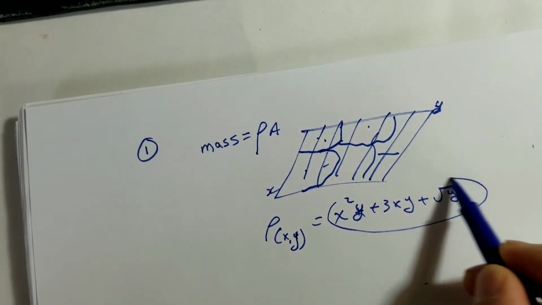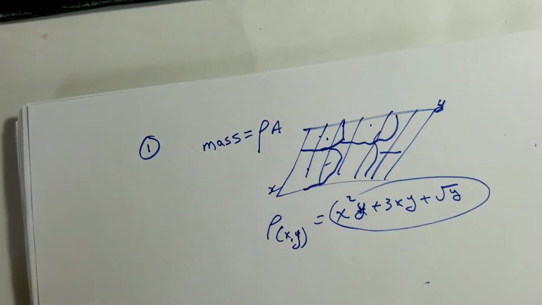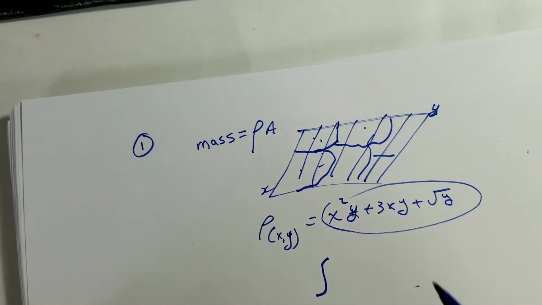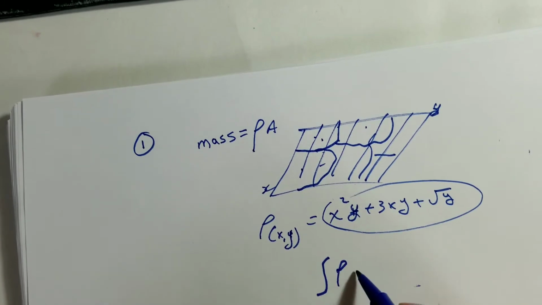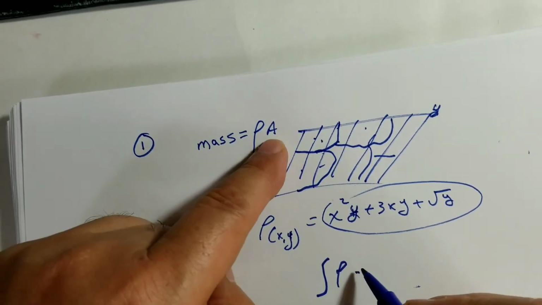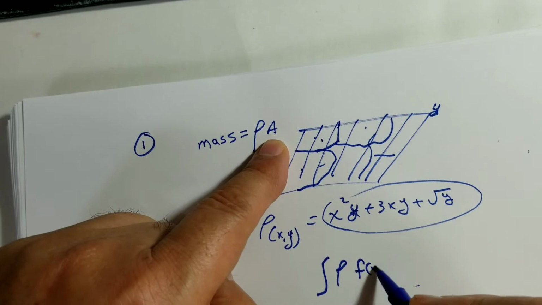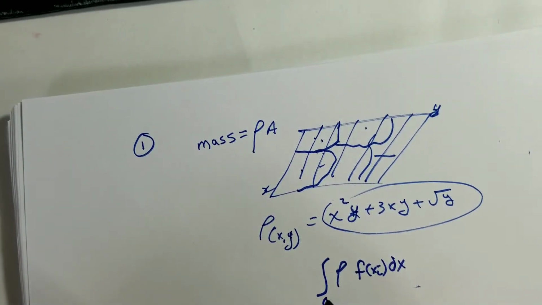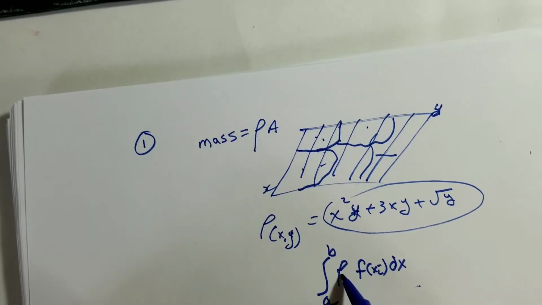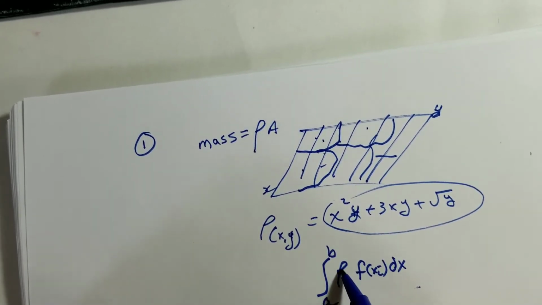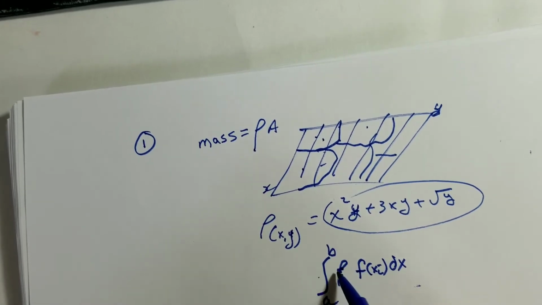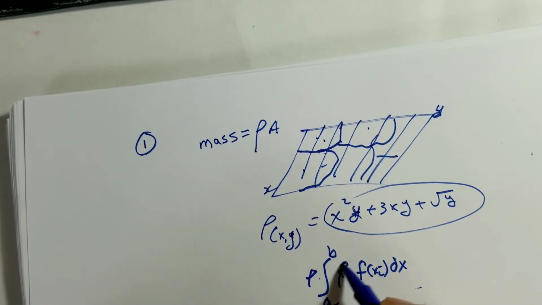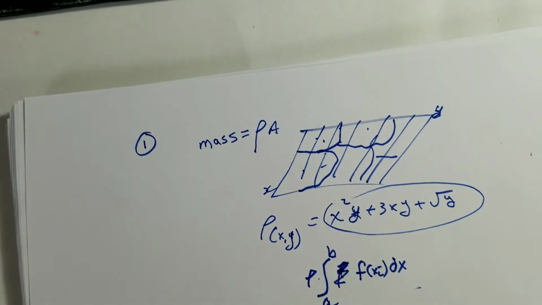Since the density is a function of x and y, you no longer can apply a single integral, because with a single integral, when you say rho times area, what is your area right here? Your area is f of xi times delta x, from some value to some value. But if your rho is uniform, if your rho is fixed and is the same density all over, you can pull it out like we did in Calculus 2.